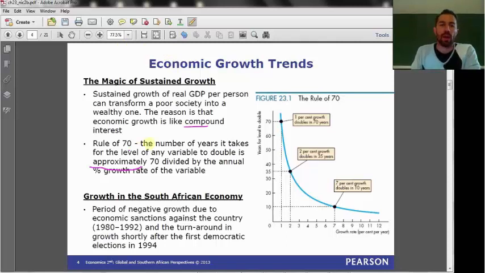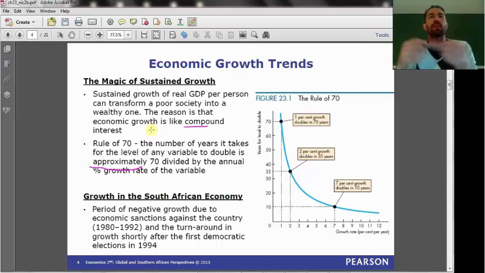As a real life example, if inflation was 7%, then the price of things would double in approximately 70 divided by 7 equals 10 years. So 7% inflation, prices double in 10 years. With 10% inflation, prices double in 7 years.